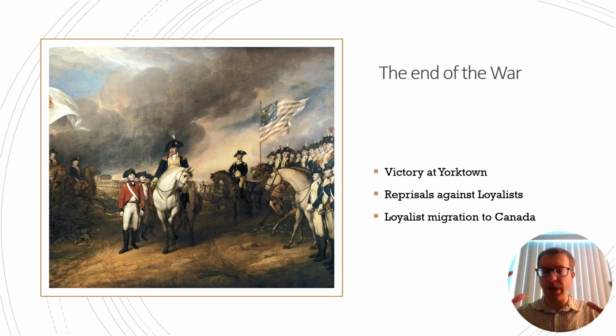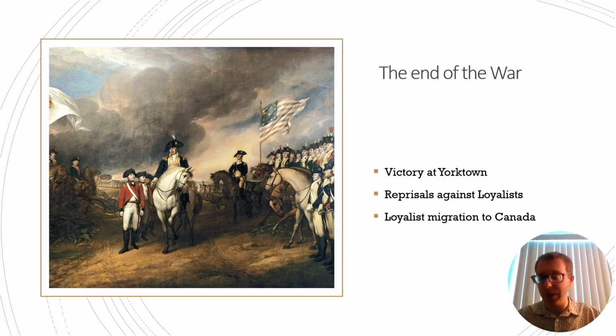And it's through a long campaign and a series of sieges, and importantly, a French fleet blockading and cutting off the supplies of this British army, that George Washington and his troops are actually able to trap this additional British army at Yorktown, which leads to the surrender of this army and the victory of the United States over the British Empire.